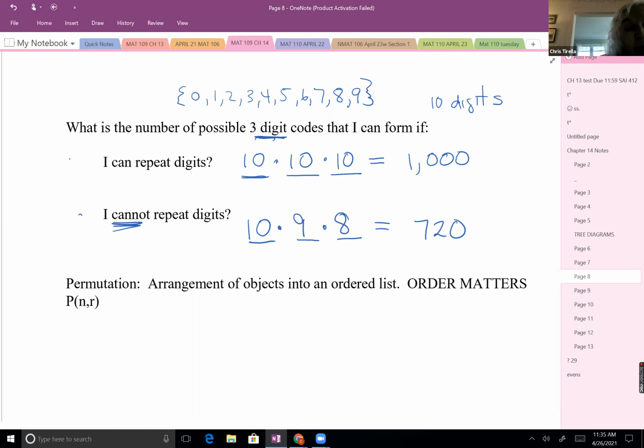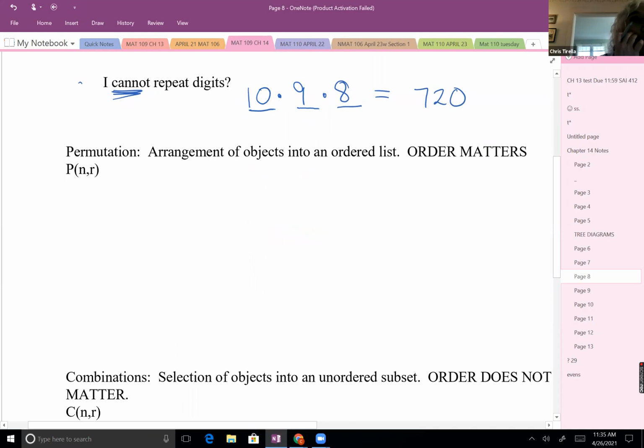And so that gets us into certain things that we're going to talk about. First is permutations. Permutations are arrangements of objects. Over here, what we have to remember is that the objects cannot repeat.